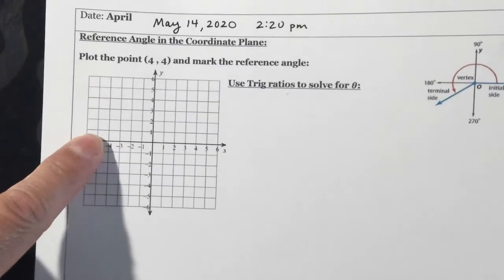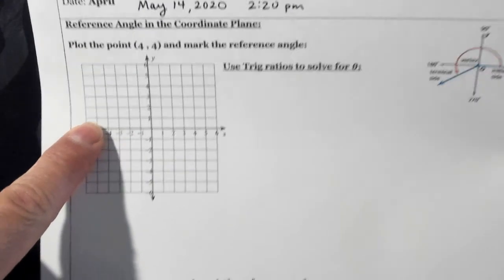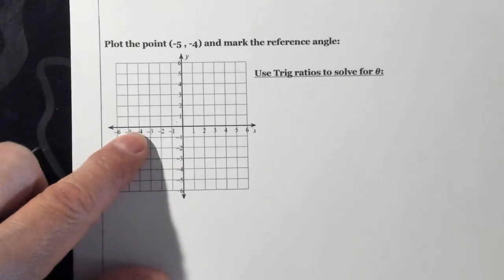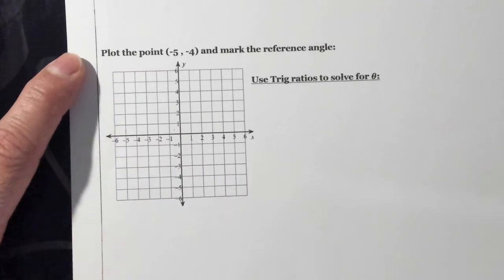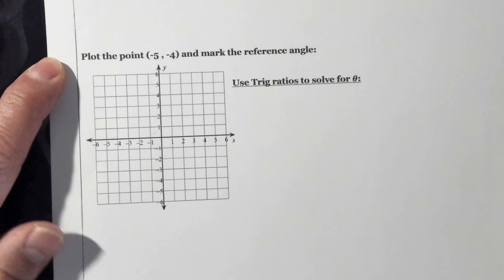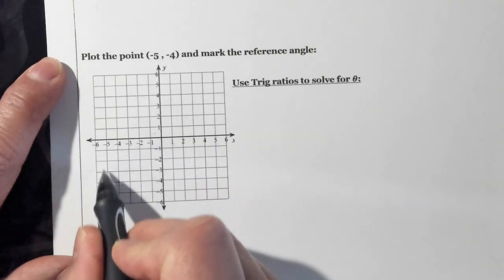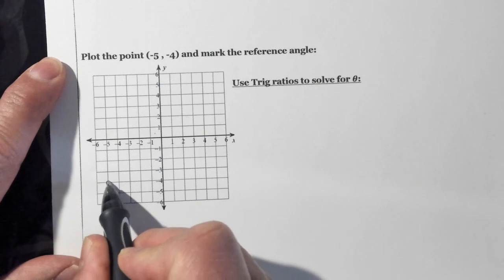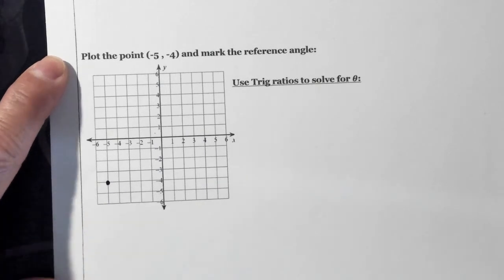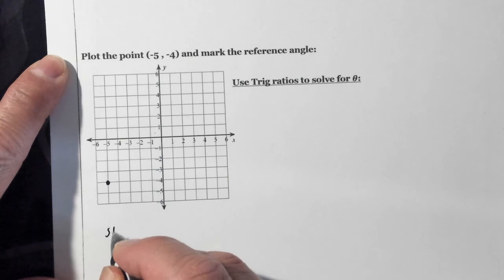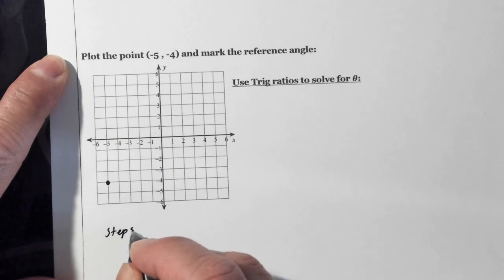I'm actually going to skip this problem, come back to it, and do this one first. So if you have printed this sheet out, you can follow along. There you go. So graph the point -5, -4, which is right there. Now I'm going to write down the steps after you graph the point. Steps.